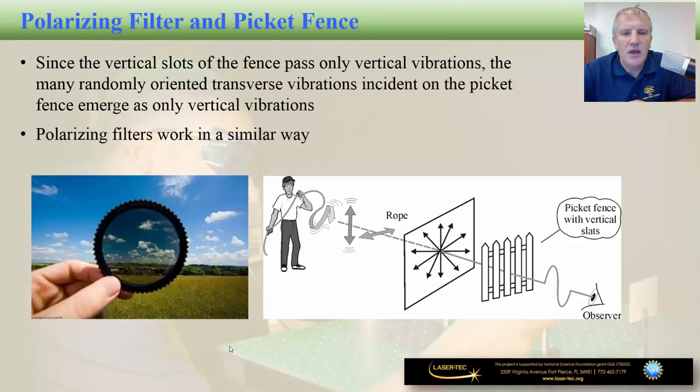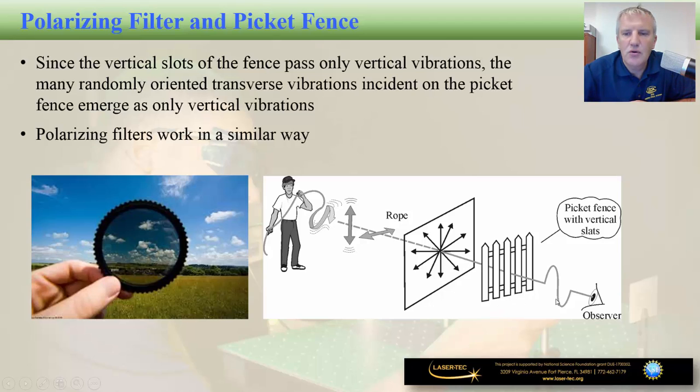The easiest way to explain the operation of the polarizing filter is by establishing an analogy with a picket fence. We still have our guy here who is producing an unpolarized wave in all possible directions. And the question is, what is going to happen when this unpolarized wave or rope hits this picket fence here?